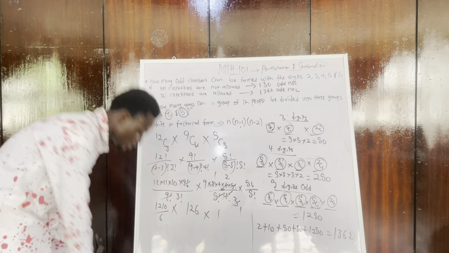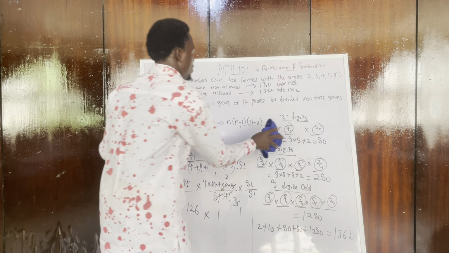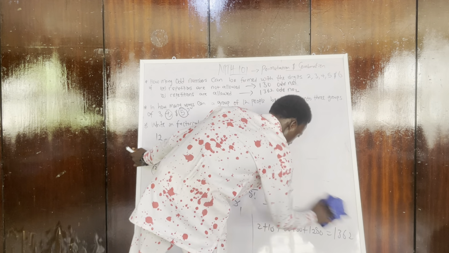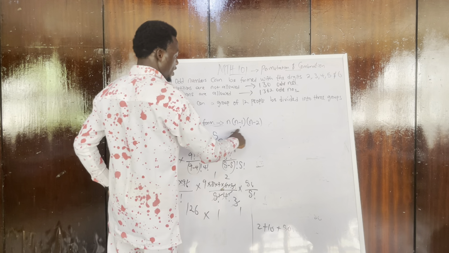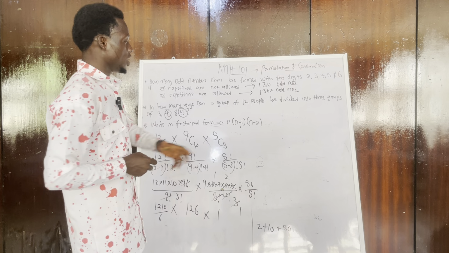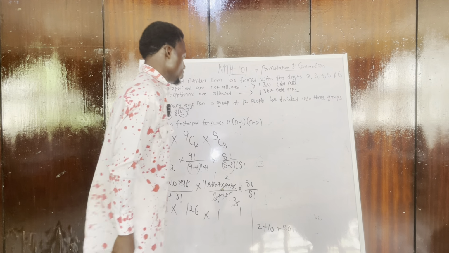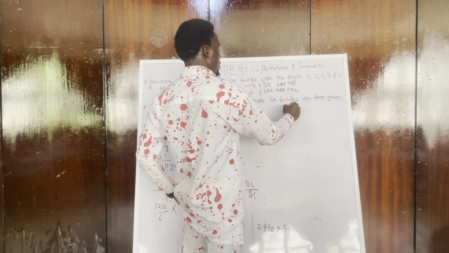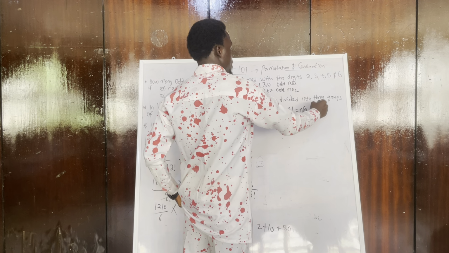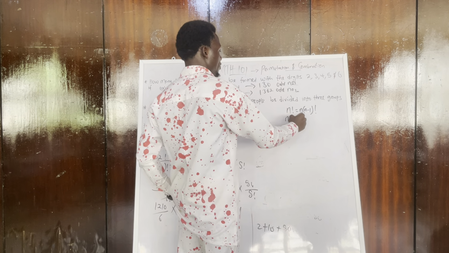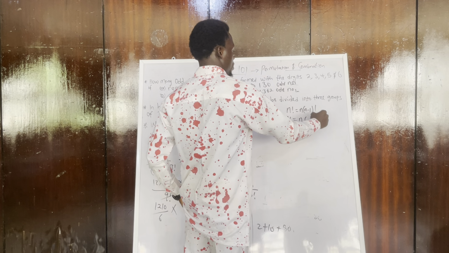Now the last question. Here, we are writing in factorial form n into n minus 1 into n minus 2. One thing you need to know is that n factorial itself equals n into n minus 1, and it can also be this.